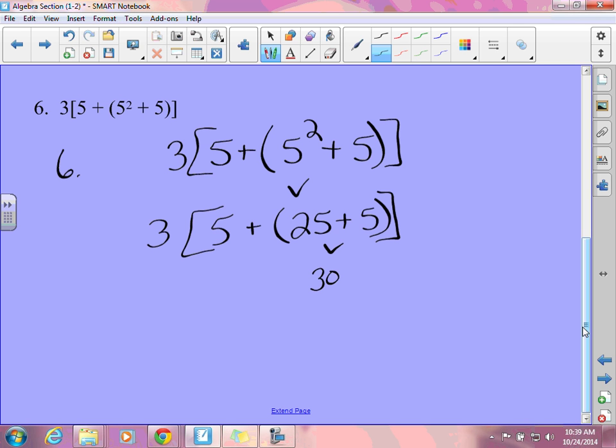Add 5 plus 30 and I get 35. Should I put the brackets down? Why? Can I do this? Does that make sense? No, it doesn't. So you're going to keep the brackets here. And what's 3 times 35? Very good, it's 105. Questions?